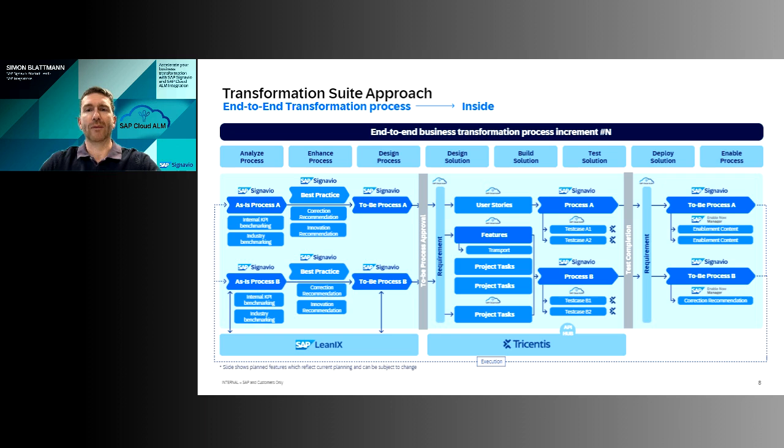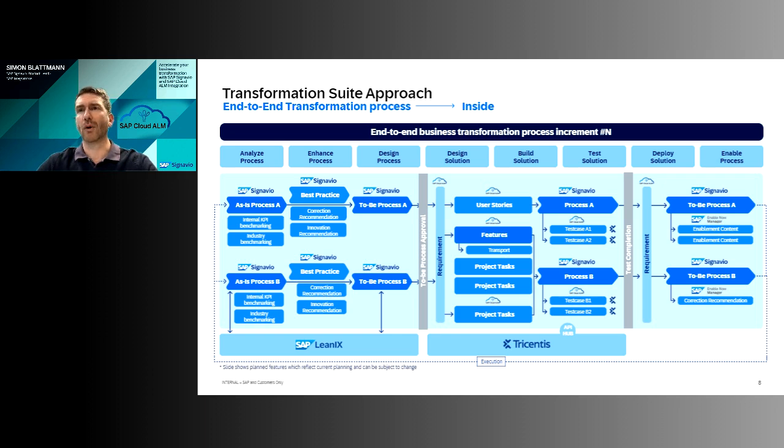Then we have the SAP best practice content, where you can check how to enhance your processes and go back to fit to standard, for example. There we also have concrete recommendations in process insights, which provide correction recommendations, so how you can improve your current system, but also innovation recommendations when SAP has capabilities available which you are not yet using.